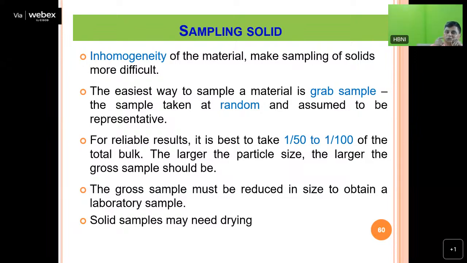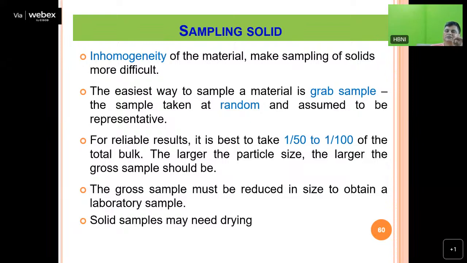Then gross samples must be reduced in size to obtain laboratory samples. And in most cases, solid samples need drying, because if it is wet, then the reporting of the results is very important. The reporting of the results has to be told very categorically: the analysis has been performed on a dry basis.